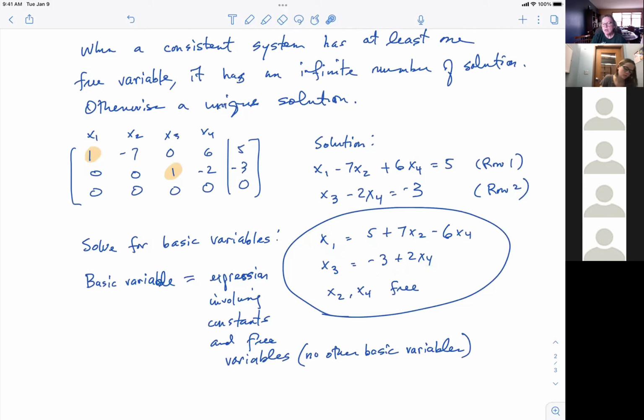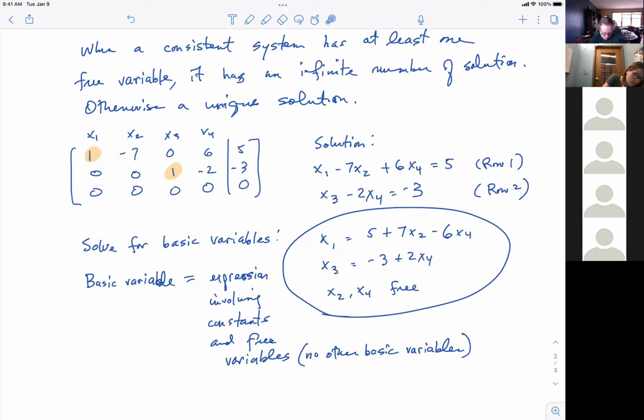Could you explain how x2, the second one, is a free variable? Yeah, because there's no pivot position or no leading entry in that column.